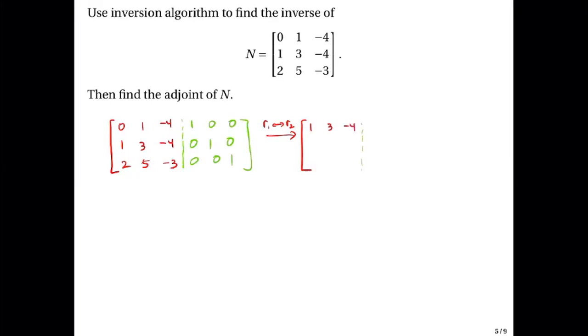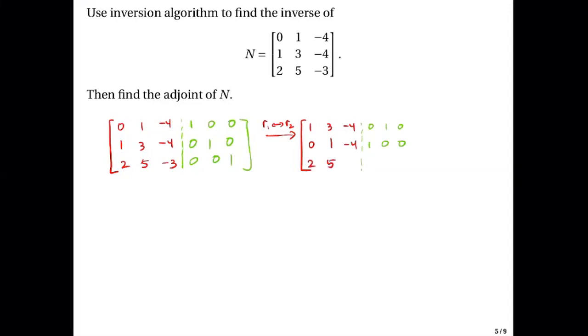Then the other side here, it's 0, 1, 0. Then for row 2, we have 0, 1, negative 4. On the other side, we have 1, 0, 0. For row 3, we have 2, 5, negative 3. And then we have 0, 0, 1.